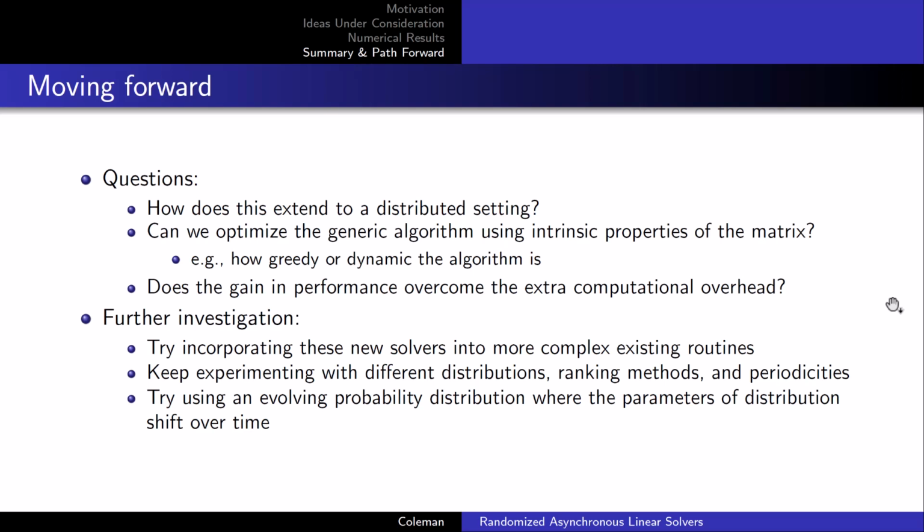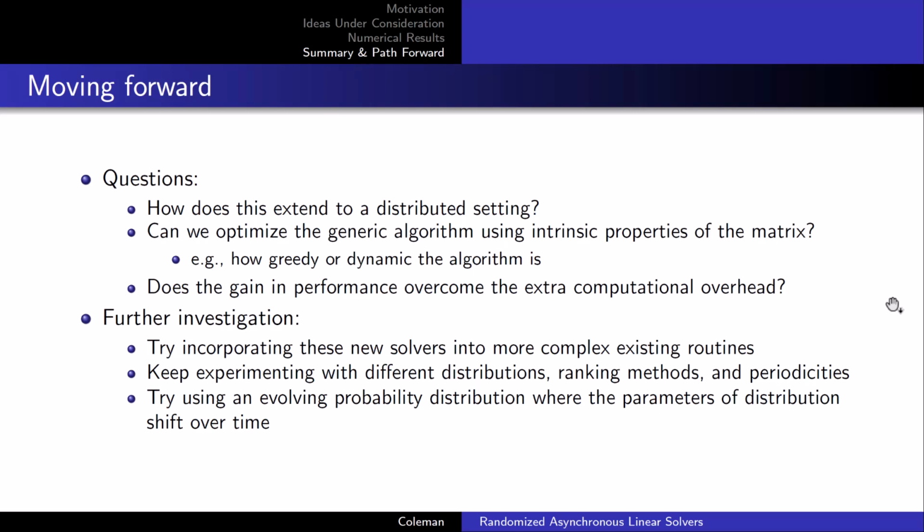But are there ways to shape how greedy the algorithm is, how dynamic it is? Is there some way to inform what sort of parameters or what distribution to use? Is there a way to know whether a problem lends itself towards the discrete distribution, towards one of the continuous distributions, what continuous distribution, what the parameter should be, how often the problem should be updated? A lot of open questions.